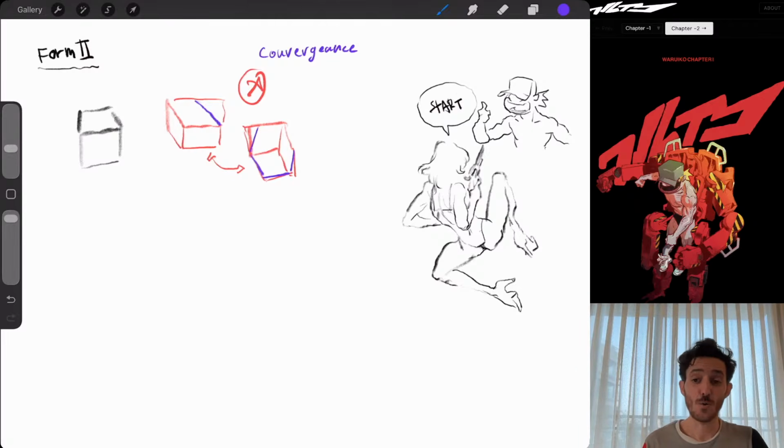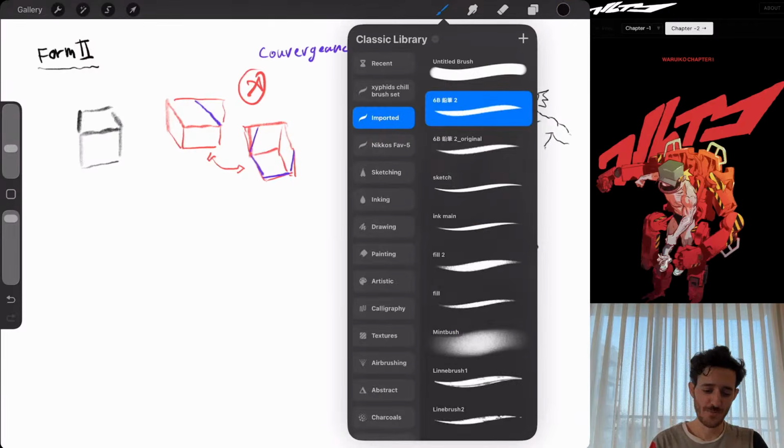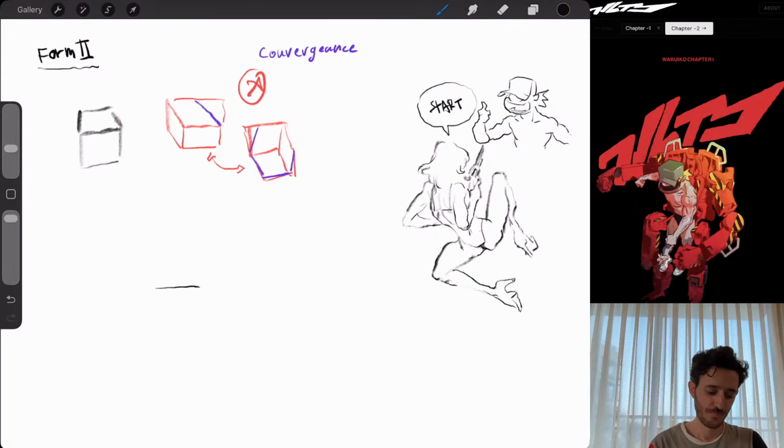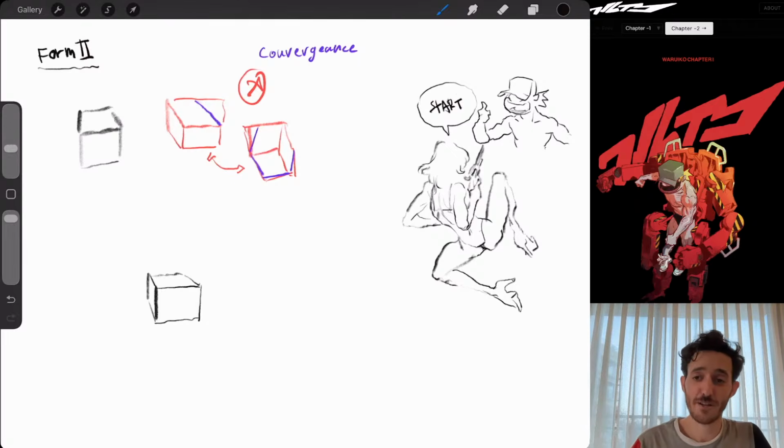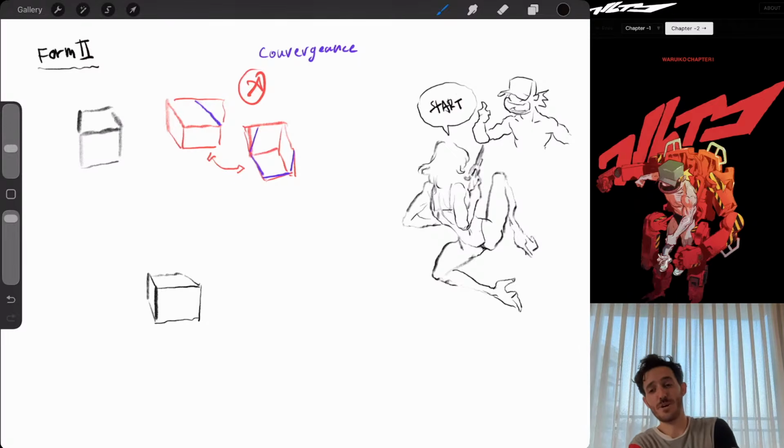Okay, so what is convergence? Anything that you draw, if you draw a cube like this, the lines going toward the horizon are converging toward a vanishing point on the horizon.